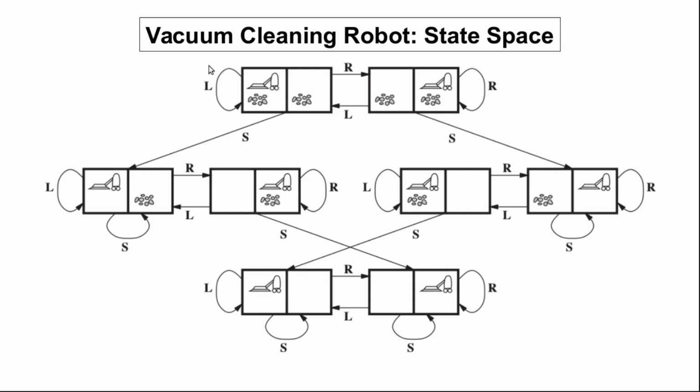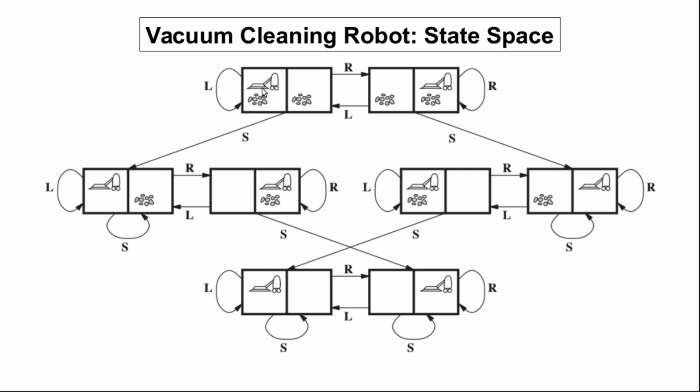Why is it a loop here? It's a loop here because we are in room A and we are trying to move to the left. We cannot move and we cannot go to left.